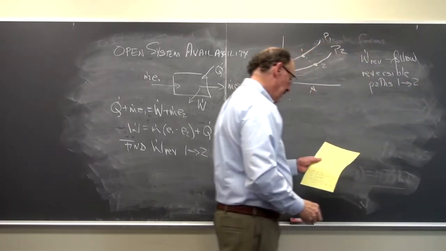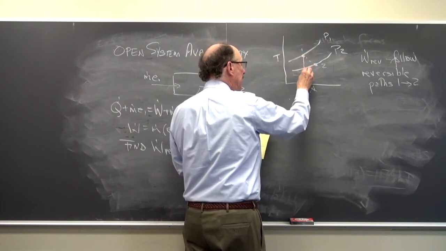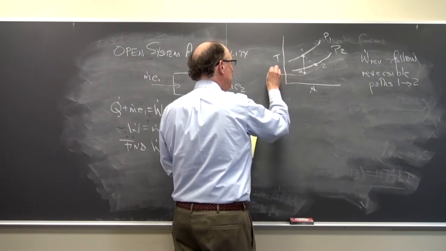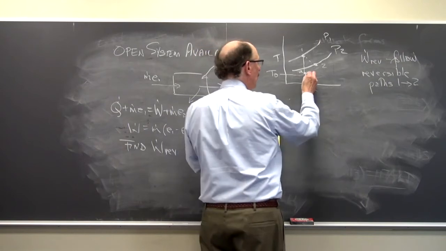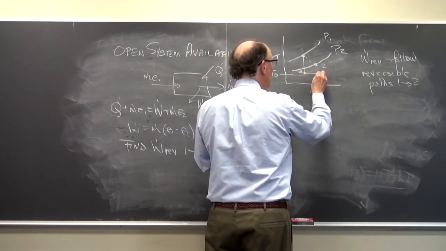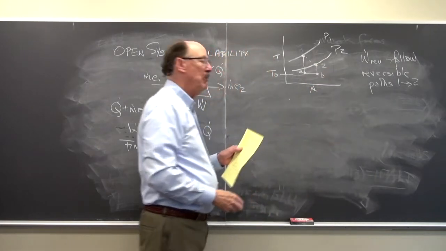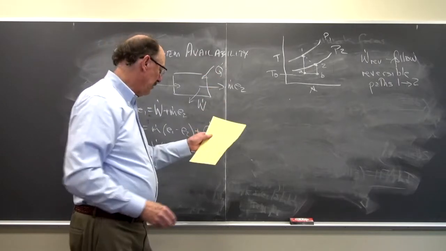From 1 to 2, we're going to go down from 1 to A, and we'll let this be T0. So we go down to a temperature that we know, T0. We go over to B, and then back up to 2. We're going to add these works together.